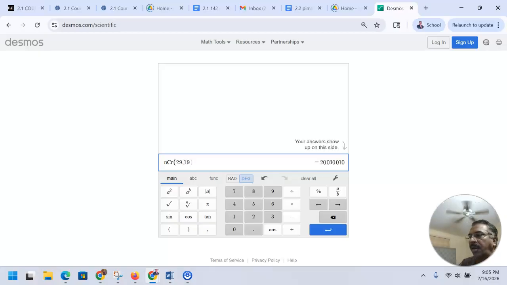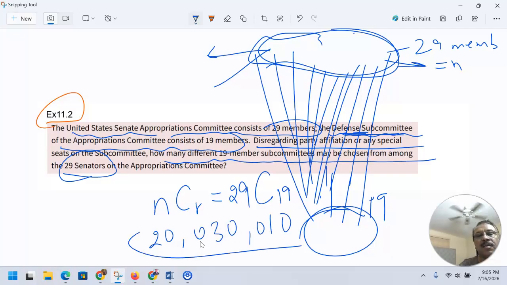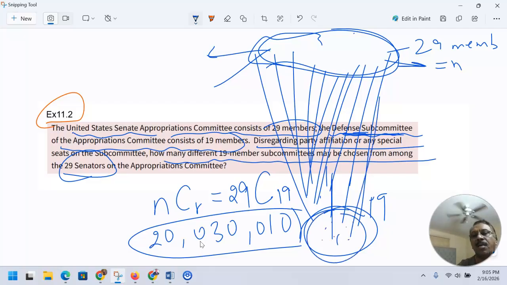So your answer is going to be 20,030,010. So this is the total number of combinations, the different ways you can select all these 19 members. Let's go to the next one.